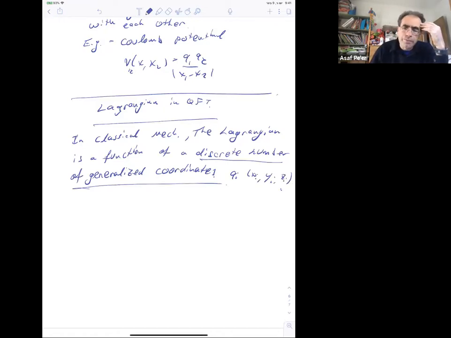Specific example. In QFT, it's not a particle, it's a field, so it must have a continuous description.